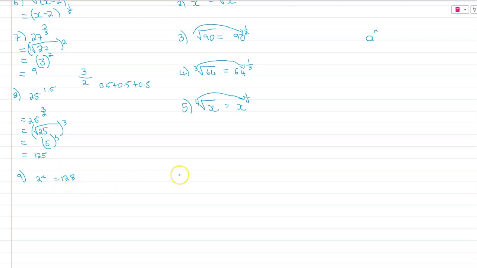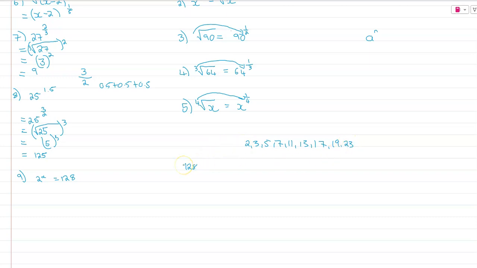So that's what we're going to do now. We say 128. Our prime numbers are 2, 3, 5, 7, 11, 13, 17, 19, and 23.